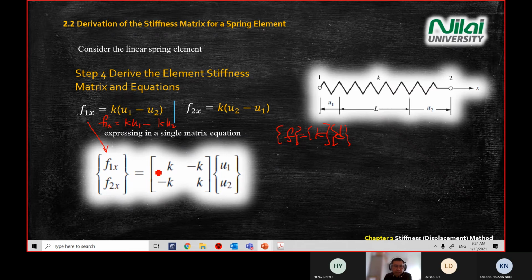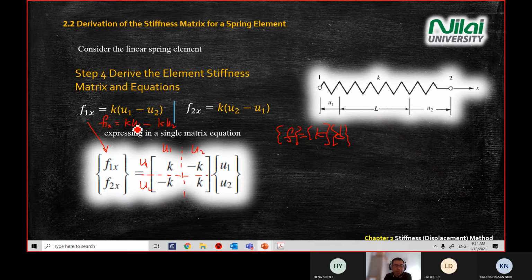You look at your matrix as a coordinate system. Let me draw the coordinate for you. The first column represents the u1 dimension, this column represents the u2 dimension. This row represents the u1 dimension, and this row represents the u2 dimension.